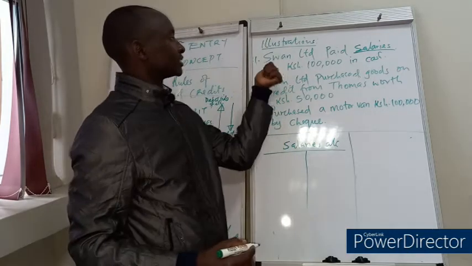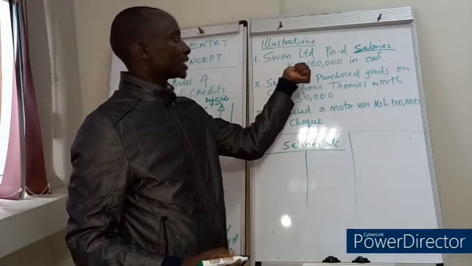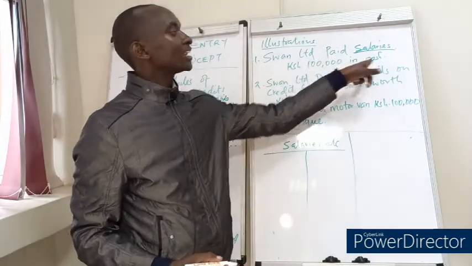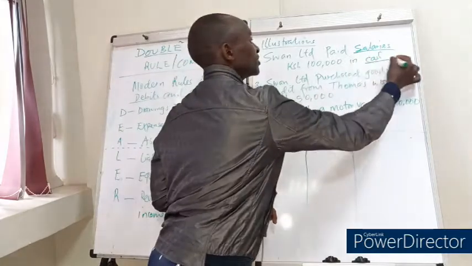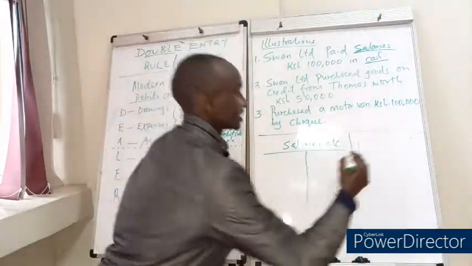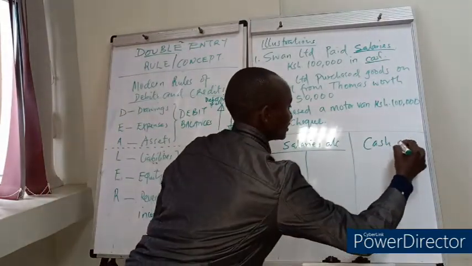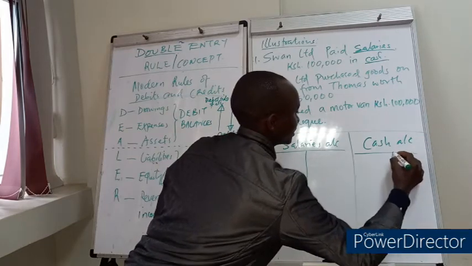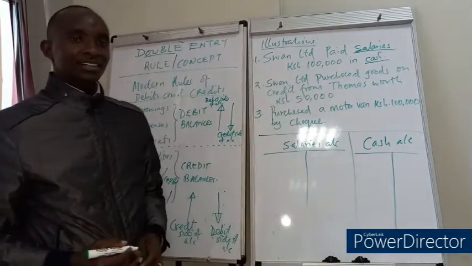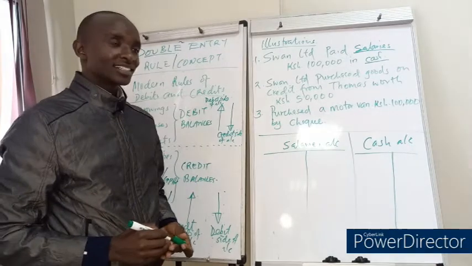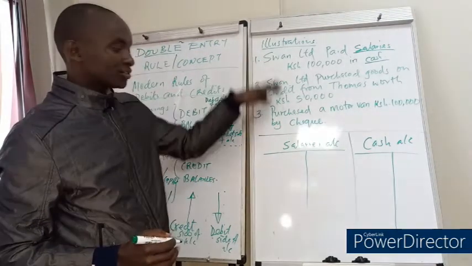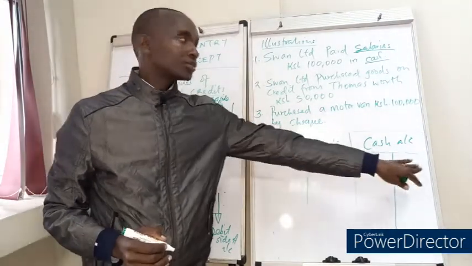And then what next? Salaries of 100,000 shillings in cash. So you are paying in form of cash, very important. So you say cash account, that is it. Are we together? Is that simple? So we've analyzed and we've come up with two accounts.